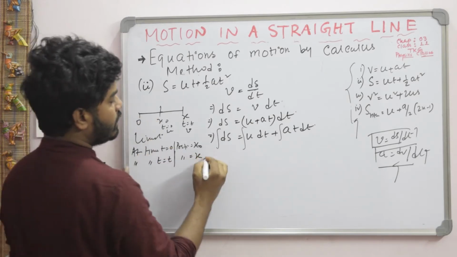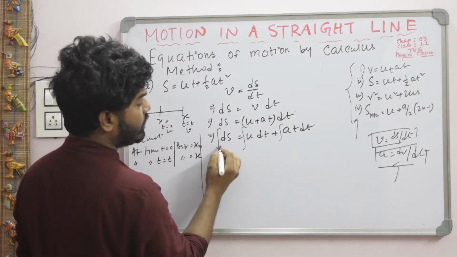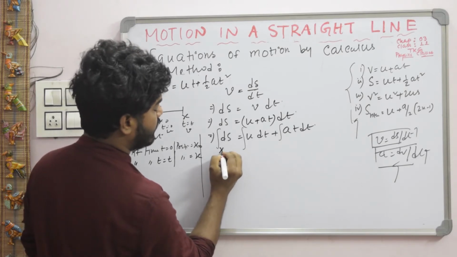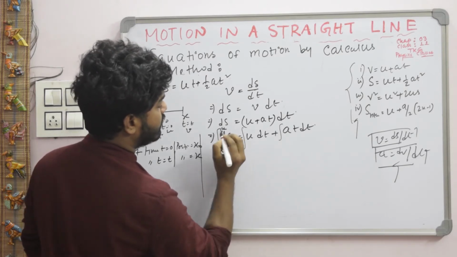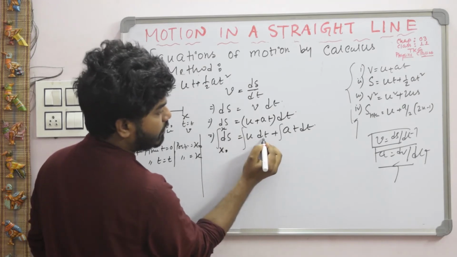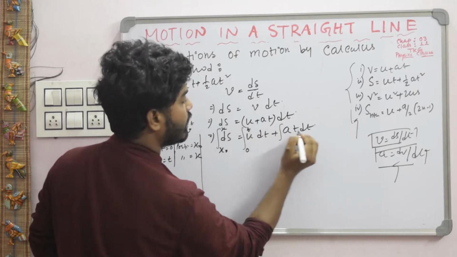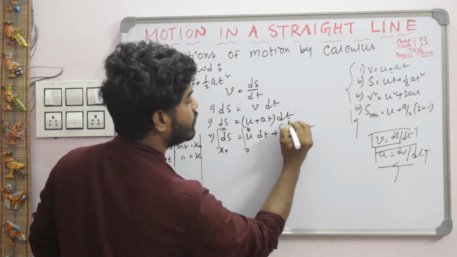So for integration of ds, you have to use the position limit, the initial limit that is x naught, final limit that is x. Integration with respect to t, you have to use the time limit, that is 0 to t, here also 0 to t.